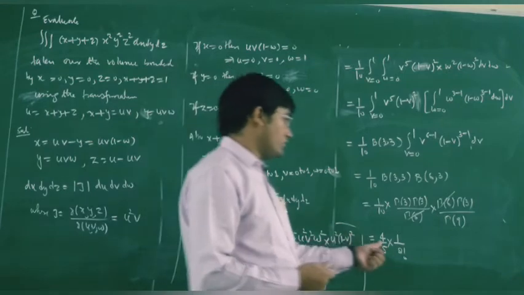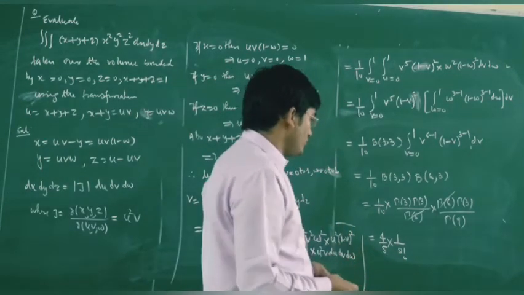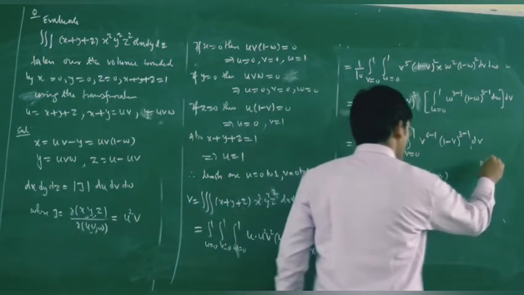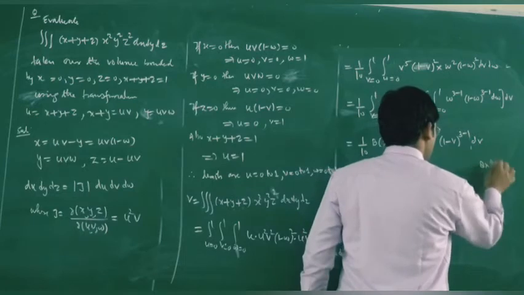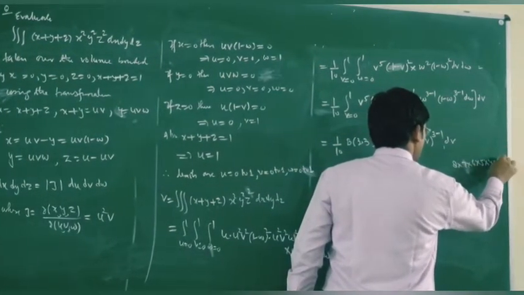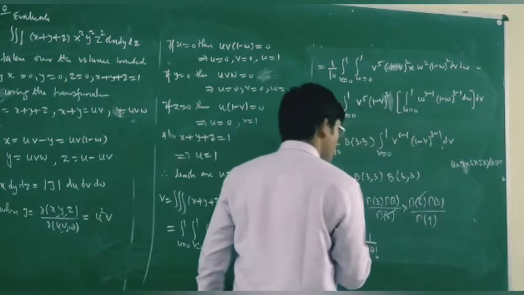This will be 8 into 7 into 6 into 5 into 4 into 3 into 2. So 8, 7, 6, 5, 4, 3 and 2. So this 4 will get cancelled with this 4.